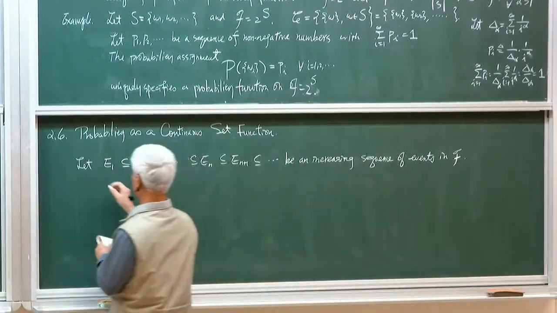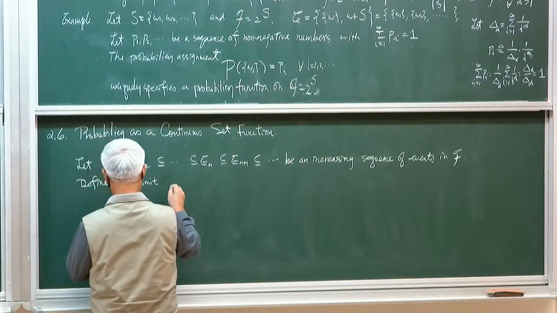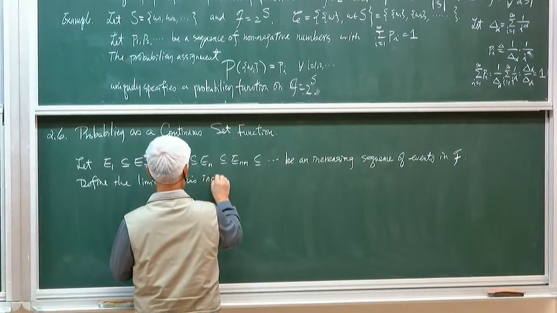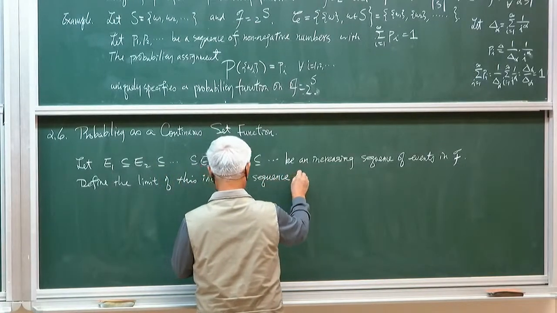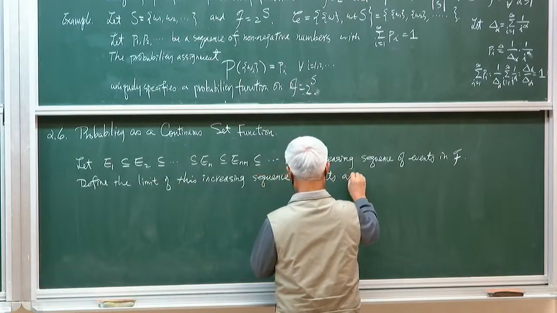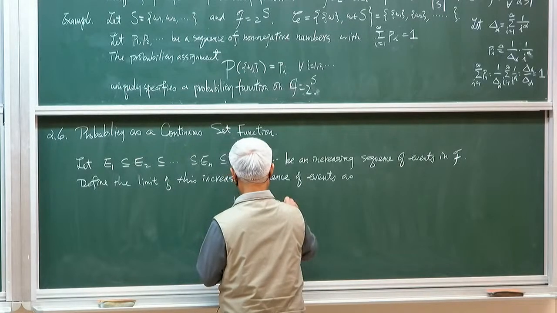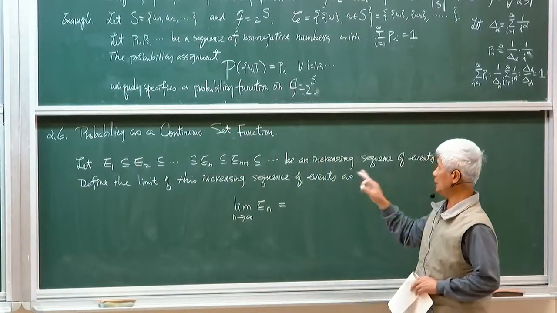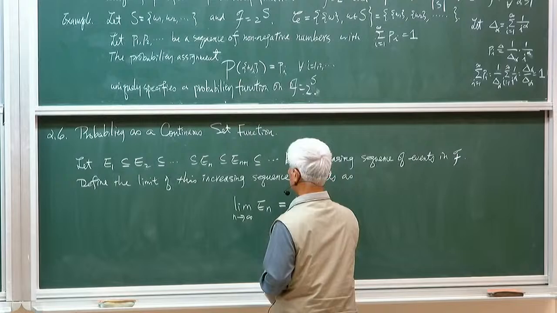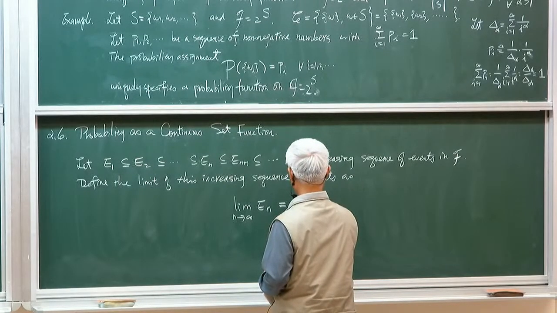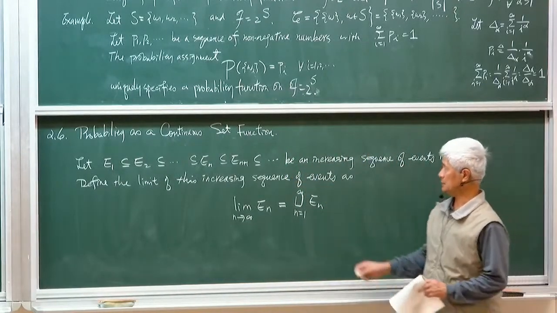We define the limit of this increasing sequence of events as follows. Because it becomes bigger and bigger, we define its limit to be just the union of E sub n.